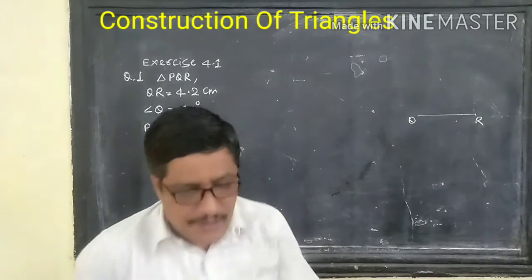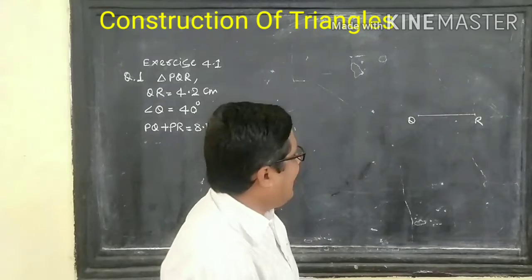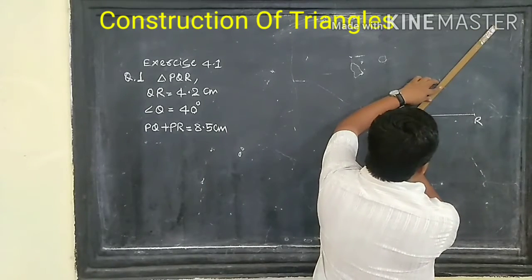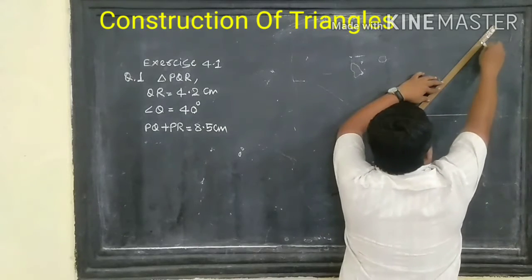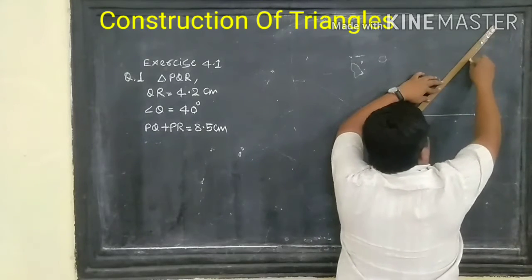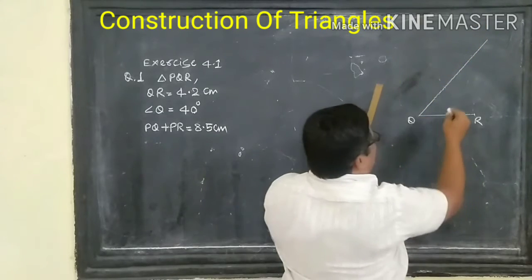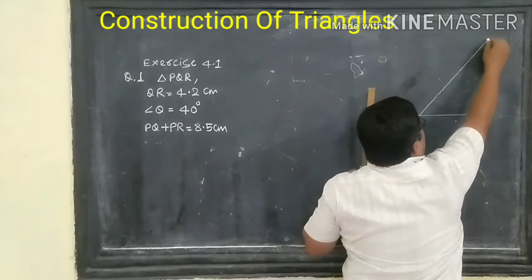After that we have to draw an angle of measure 40 degree. So let it be angle of measure 40 degree. Now this ray we have to draw of longer length.